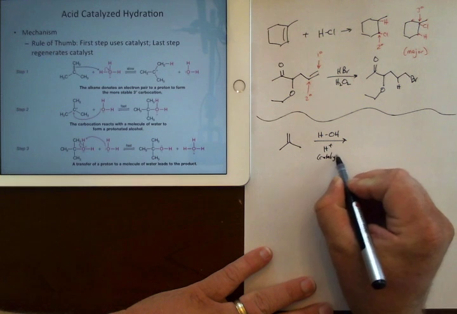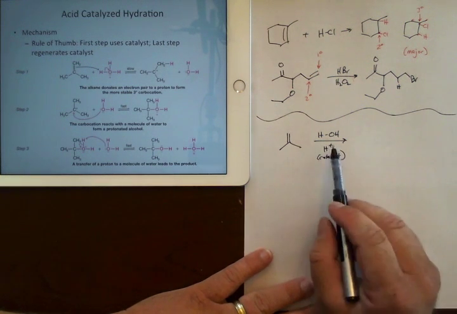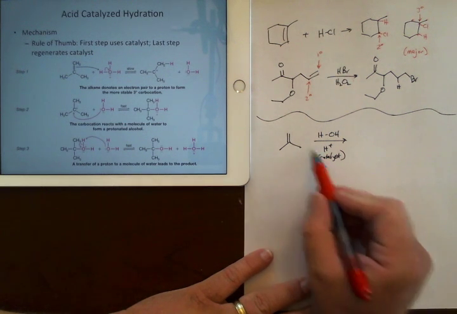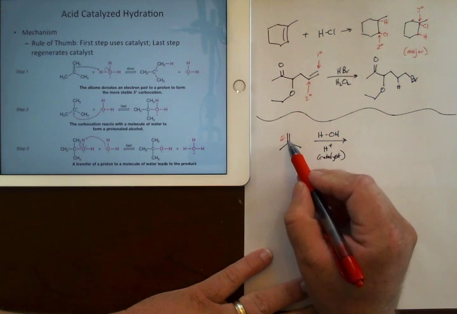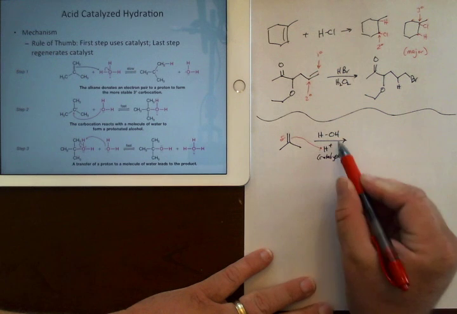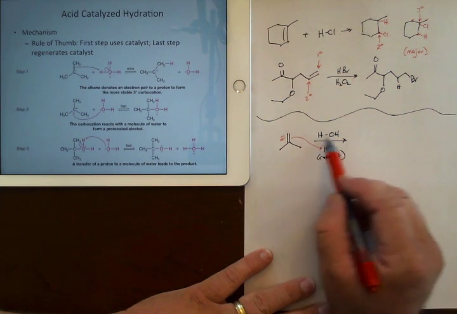Now, a good rule of thumb is that when you're doing a mechanism, the molecule almost always reacts with that catalyst first, and that's exactly what happens. So you've got this partial negative here from having all those carbons in there. It's going to get attracted to here first because this has the positive charge, right? It's not going to get attracted here because it's neutral.